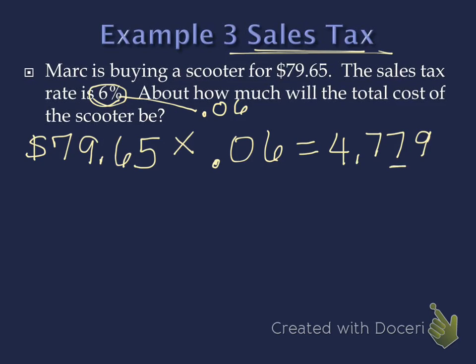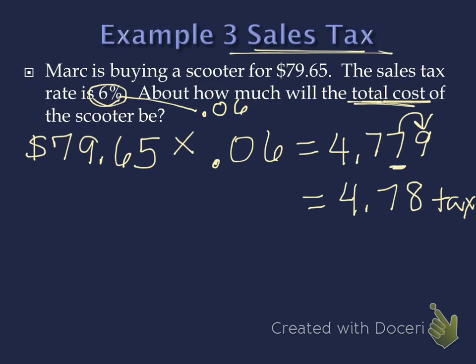And again, we're dealing with dollars and cents, so we're going to have to round that up, 5 or more, raise the score to $4.78 would be your tax. So if the question said how much tax will he have to pay, we would say $4.78, but the question says what's the total cost.